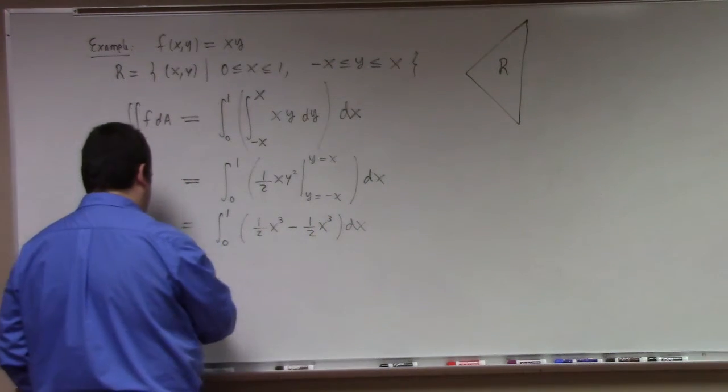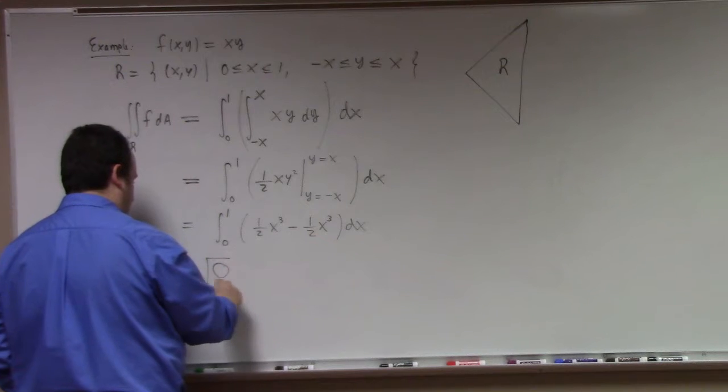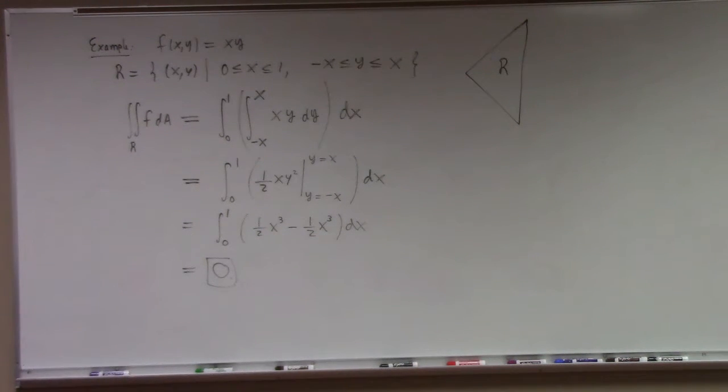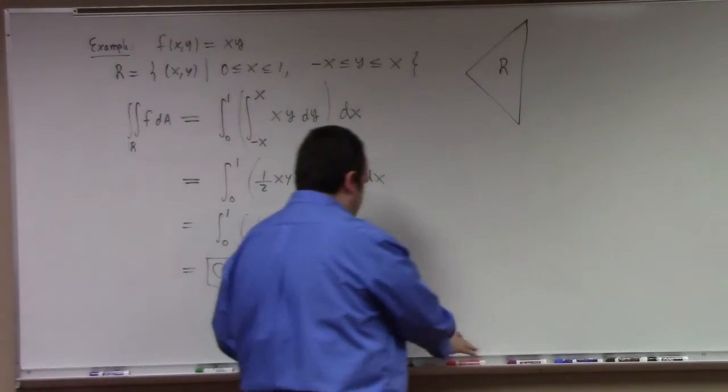What do you know? Not especially surprising if you think about the problem I set up, right? Do you see why that should be 0? If you think about it in terms of symmetry, look at the function x y, right? Look at the region. What's the nature of this region here?